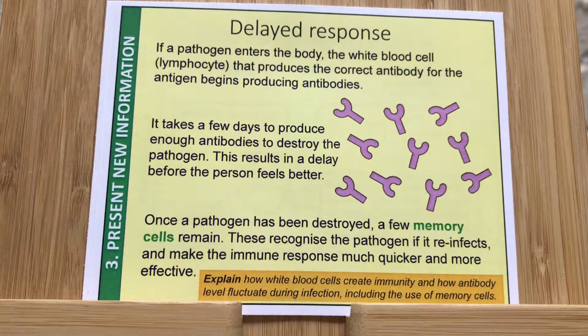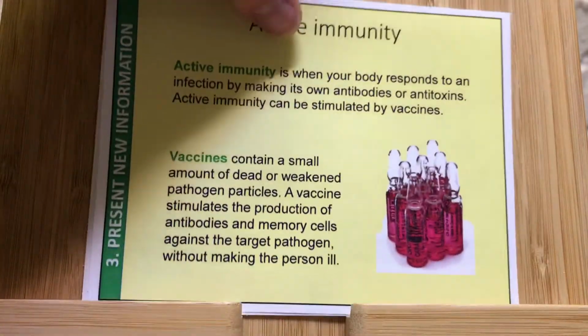It takes a few days to produce enough antibodies to destroy the pathogen, which results in that slight delay before the person feels better. Once a pathogen's been destroyed, a few of those memory cells remain. They are able to recognise the pathogen if it reinfects and make the immune response quicker and more effective in the future.